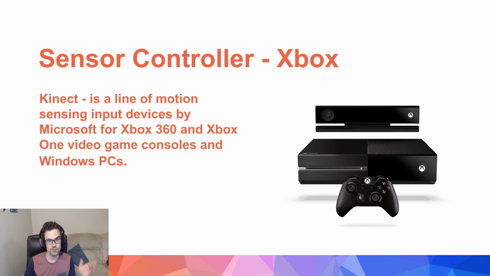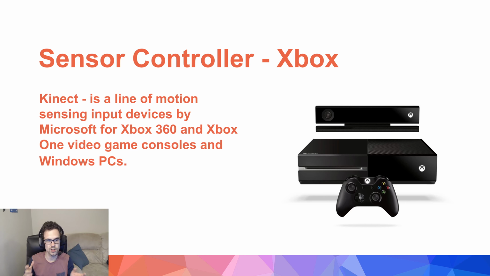So there are obviously traditional controllers, but there are also controllers that are basically not controlled by one's hands, and they're known as sensor controllers because of how something picks up your motion. An example of that is the Kinect.